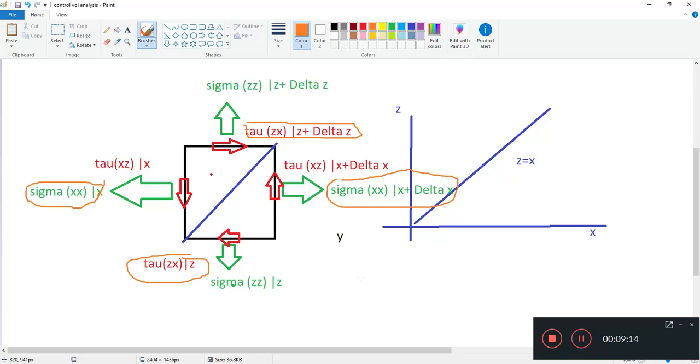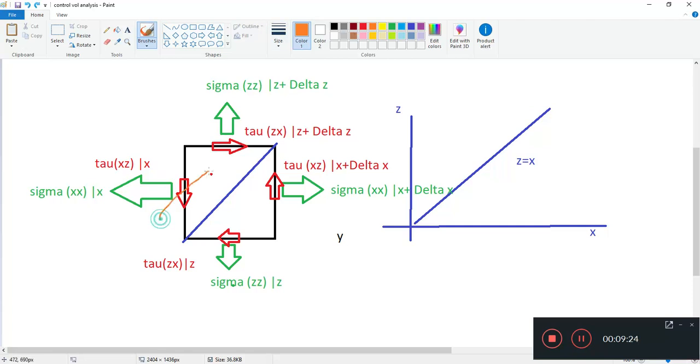Now, I want you to note, as said before, there is yet another stress that's acting along the y direction. Okay? So there's actually a y plane in there, because this is a 3D problem.